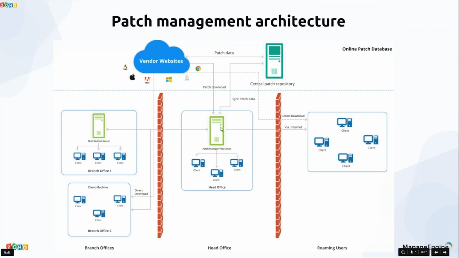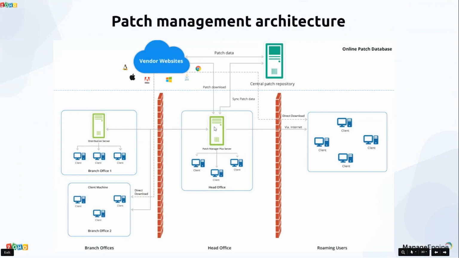Now the Desktop Central server running in your environment subscribes to our central patch repository to download the latest vulnerability database periodically. Once the process is completed, your client machines will be scanned in order to identify the missing patches.